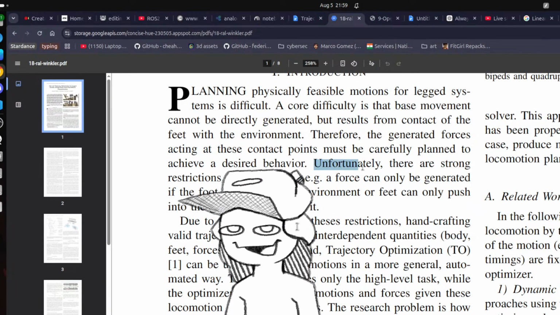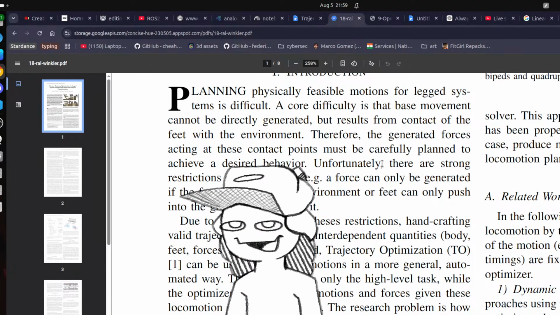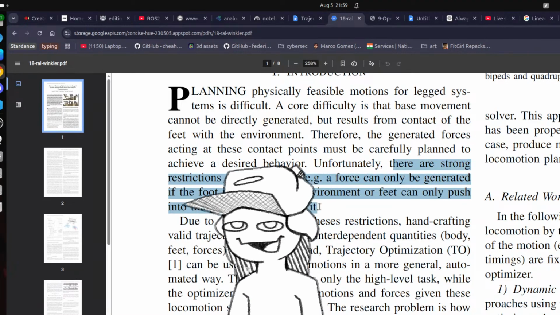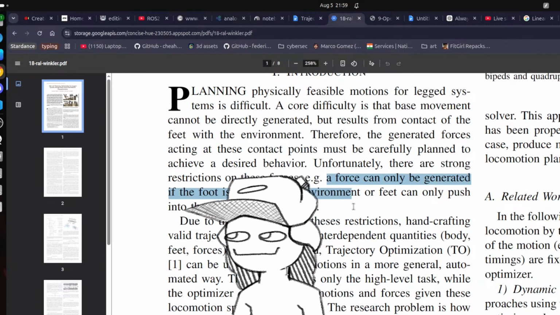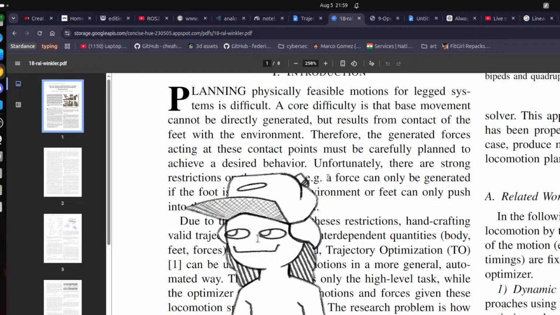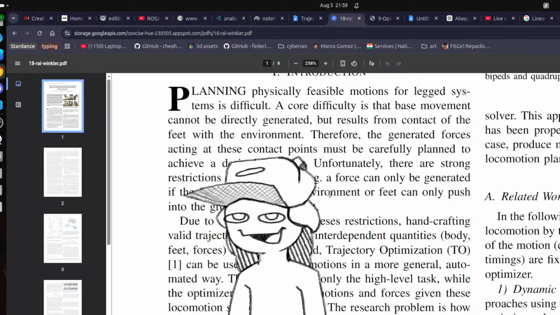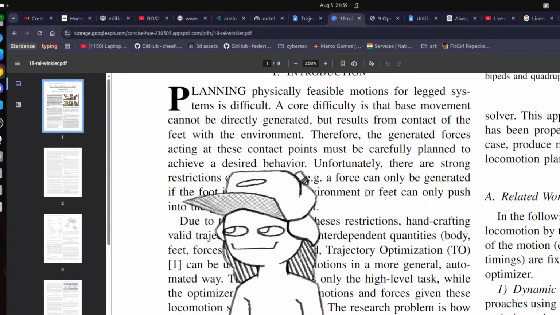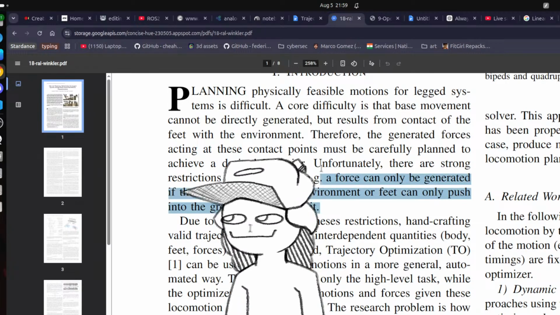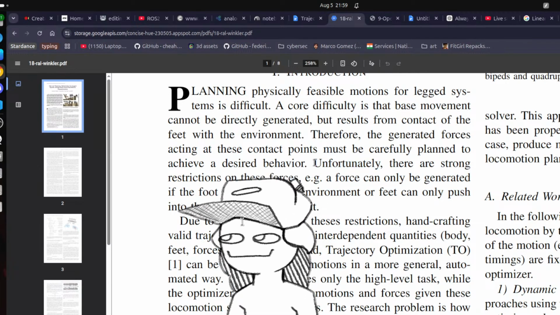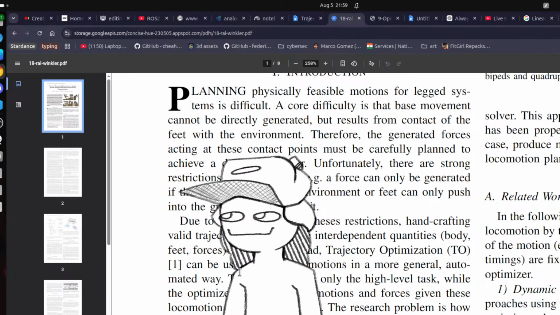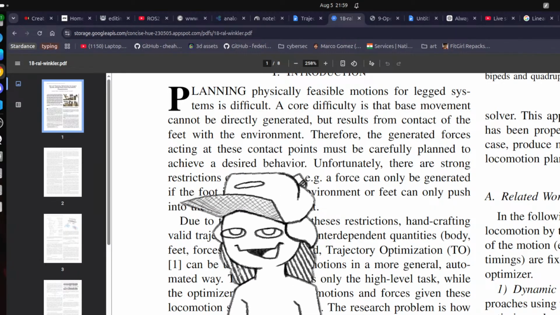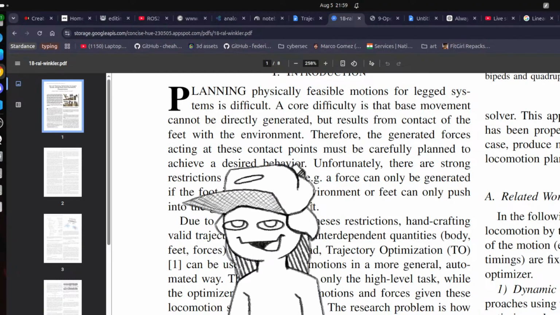And yeah, the paper does divide the motion of the legs into two parts, that is swing and stance, because a force can only be generated if the foot is touching the environment. These are basically presumed constraints, and they are quite obvious, right? And in order to fit those constraints, we need to divide the motion into two states.